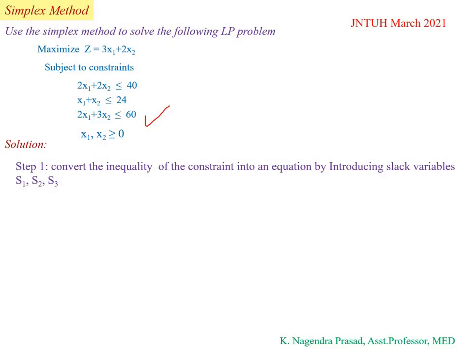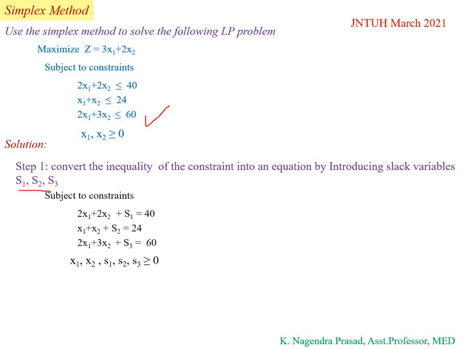Here all three constraints have the less than or equal to inequality. So we have to introduce slack variables in the constraints to convert them to equations. Since there are three constraints, we have to introduce three slack variables, that is s1, s2 and s3.